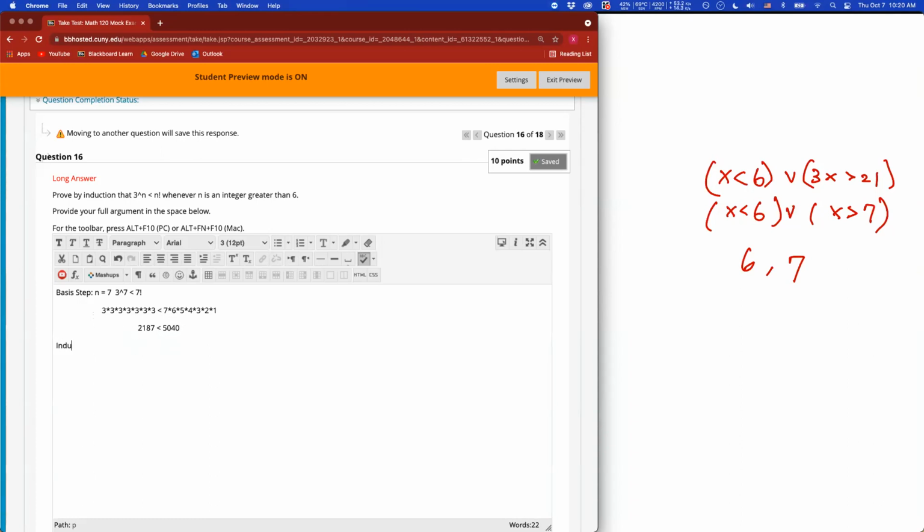And then you will have your inductive step. Again, you will make the inductive hypothesis, which is you will assume 3 to the k is less than k factorial for k greater than or equal to 7. So that means your k needs to be greater than or equal to 7.